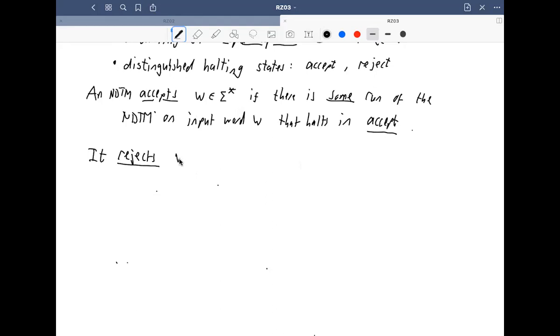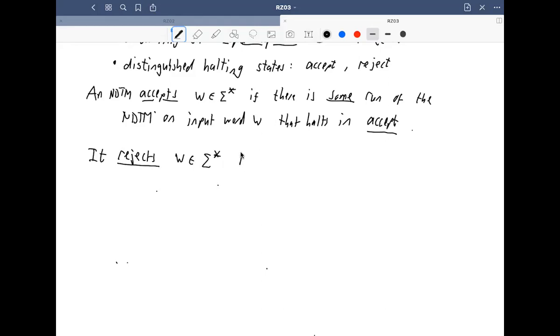So it's an asymmetric definition. It's not like with a deterministic machine, where we can easily change to the complement of the language by just switching the accept and reject states. But for non-deterministic machines, it's an asymmetric definition. To accept a word, we just need some run that accepts it. To reject a word, we need that all runs reject it.